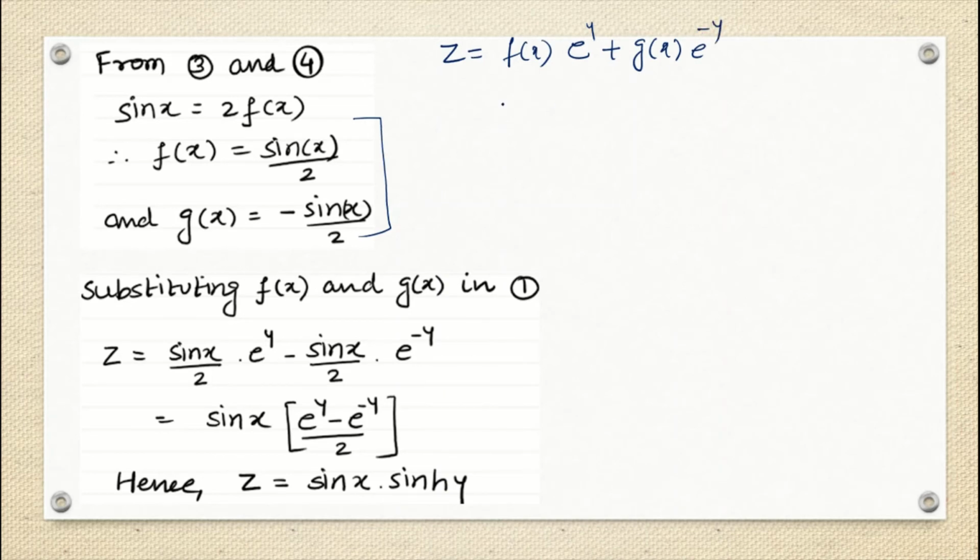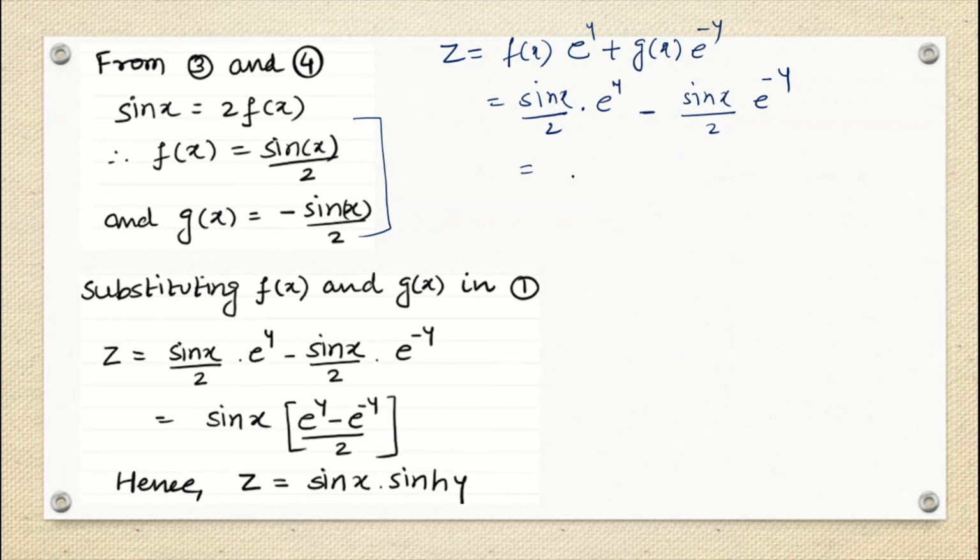That means z equals sin x by 2 e raised to y plus minus sin x by 2 e raised to minus y. Okay, and then here I can leave it as the answer, and even I can simplify more.